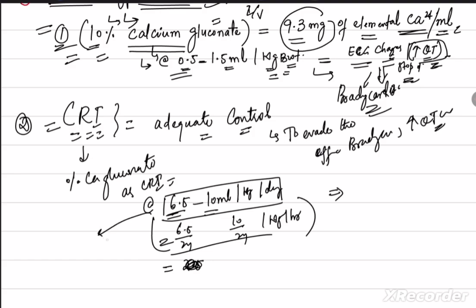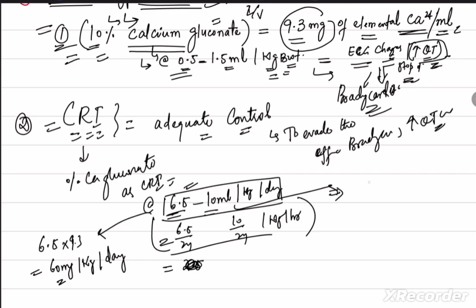Or if you want to see how much elemental calcium 6.5 ml contains: I told you that 1 ml of 10% calcium gluconate contains 9.3 mg, so multiplied by 9.3, it comes to about 60 mg. So giving 6.5 ml gives 60 mg of elemental calcium per kg per day.